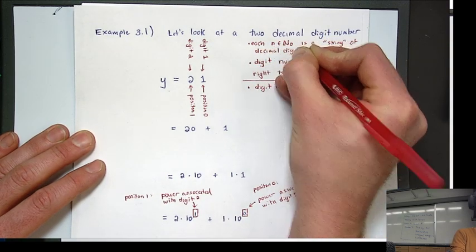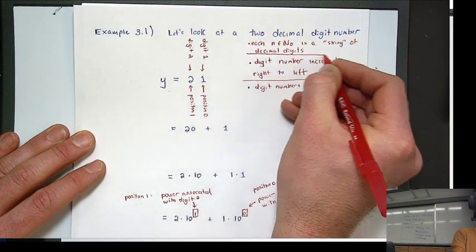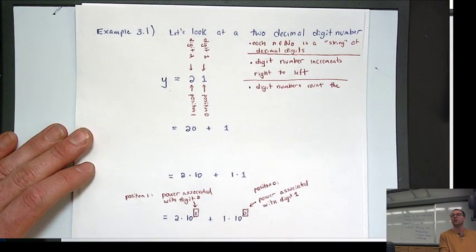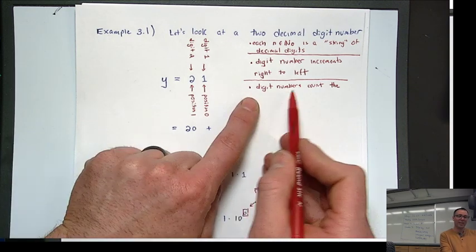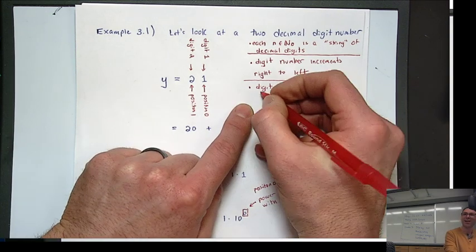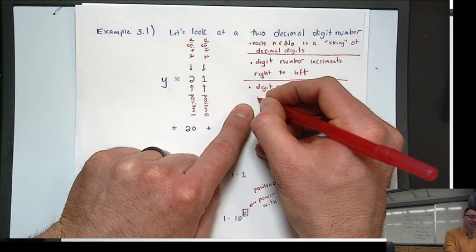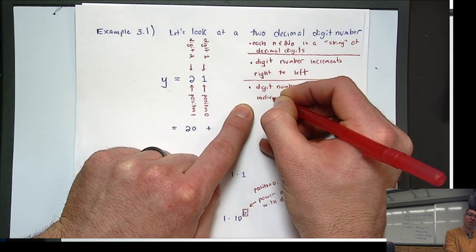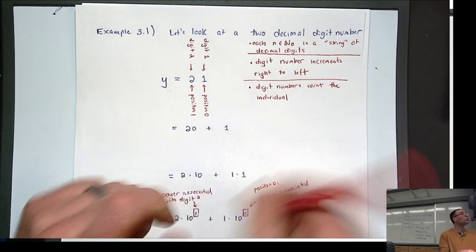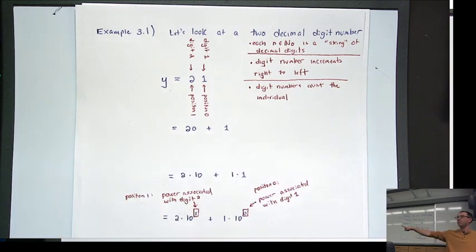And then the question is, well, what the hell is a decimal digit? Yep. So digit numbers count the... You're a little bit too fast for me, because those two concepts are actually separate. You're right, but you're just 5 steps ahead of me.